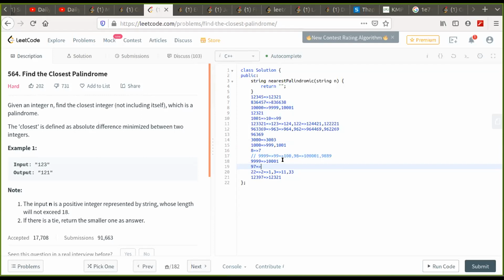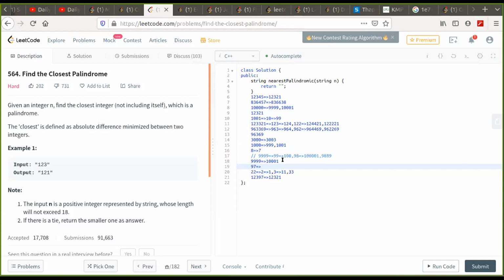Now, if I am coming to the n minus one case, when I had an n digit number and I am going to an n minus one digit palindrome, then I would like to choose the biggest number so that my delta will be the least.